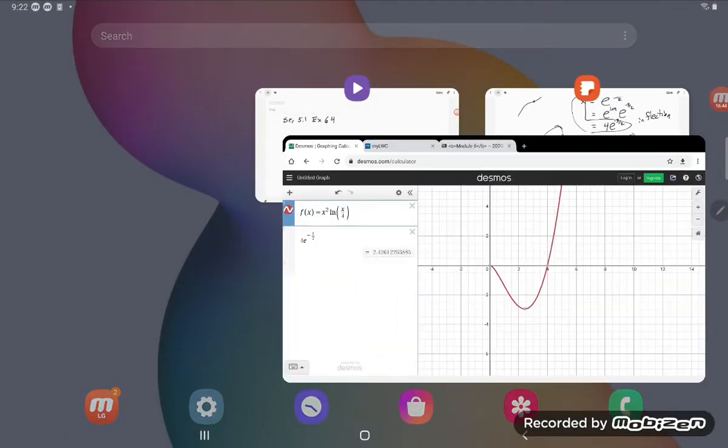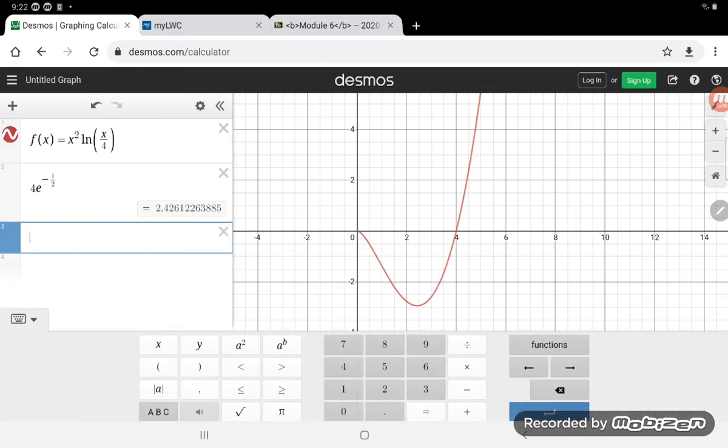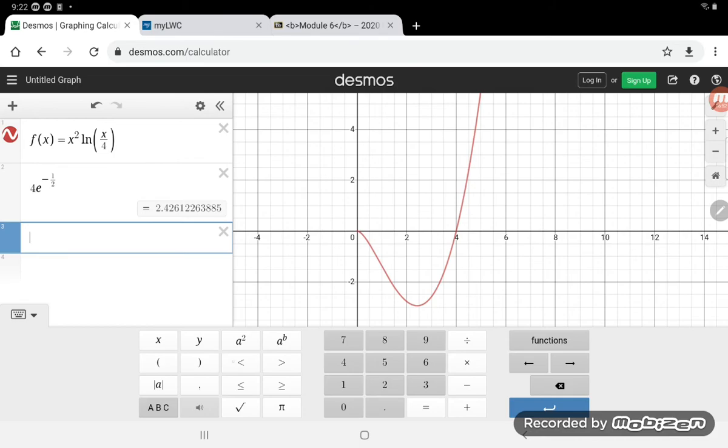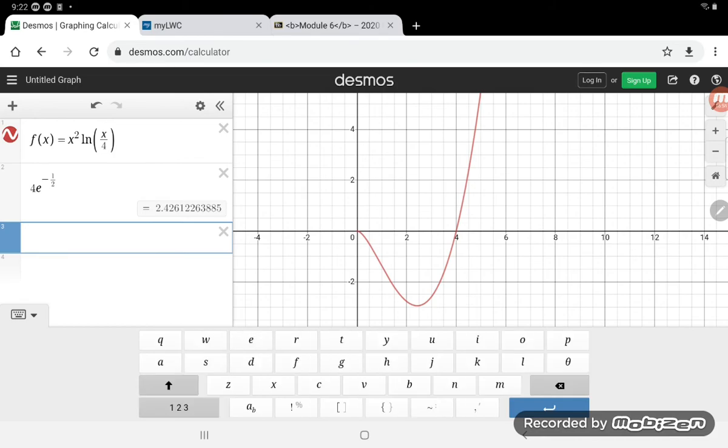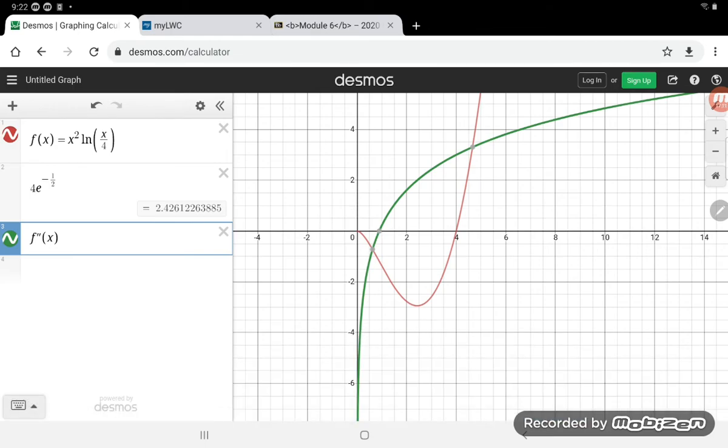Let's just check that out. So it looks like we have an inflection point in here somewhere. Now, what I could do is I could just plot f double prime of x, and so there is our point where it's 0, and that's 0.893.